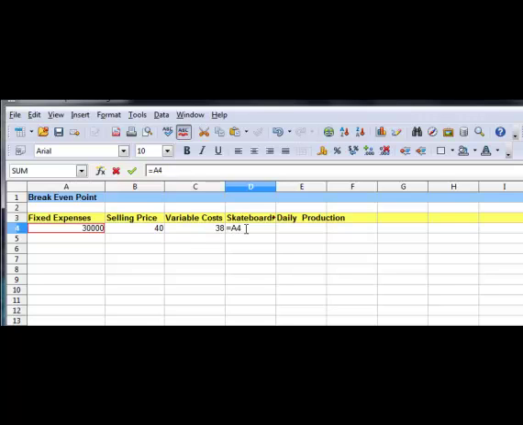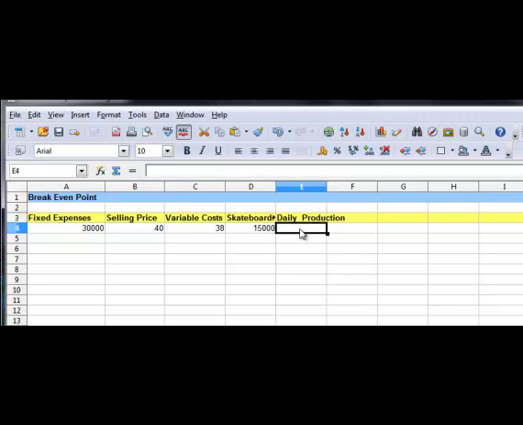And that we're going to divide by the money that will be left over from the selling price minus our variable cost. Click on Enter, and now we know that you have to make 15,000 skateboards.